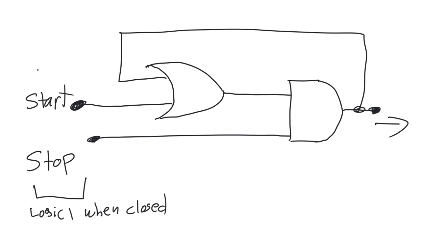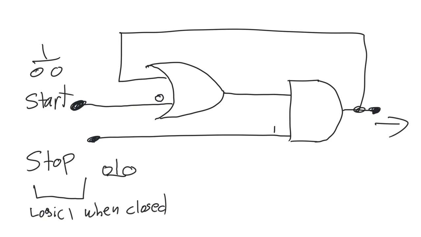So that's not a problem, but we'll just assume that's the case. So we know then for a standard stop button, it is normally closed. So that input circuitry will be designed to give us a logic 1 in its rest state. And the start button is normally open, so that's going to be giving us a logic 0, okay?